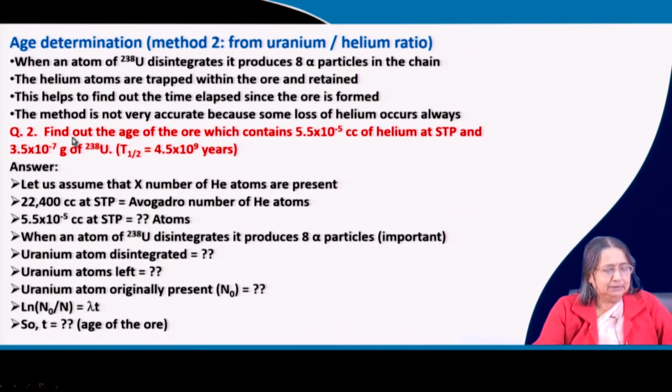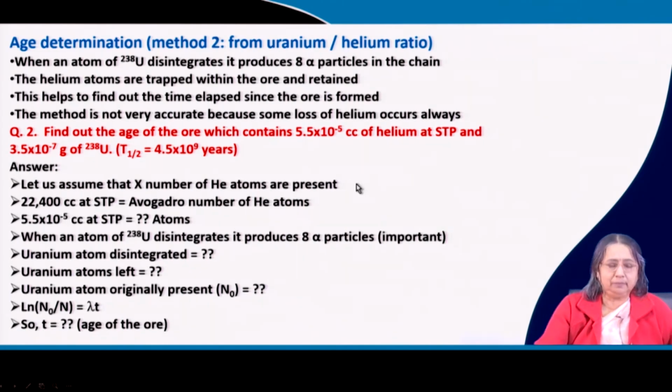Numericals you see here: find out the age of the ore which contains a certain cc of helium at STP and a certain gram of uranium 238, T half is given. From this I have given only a clue, you can do it by yourself, you can try.